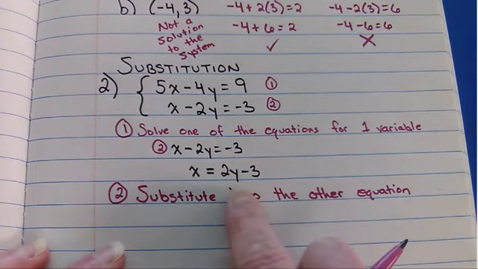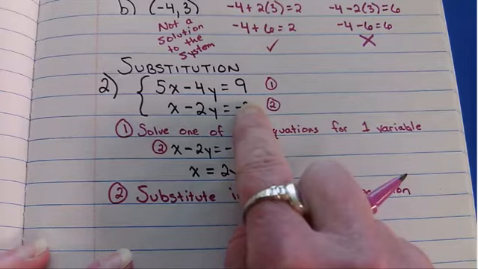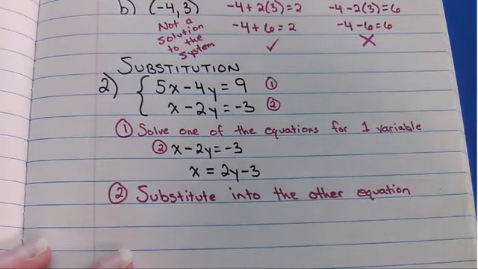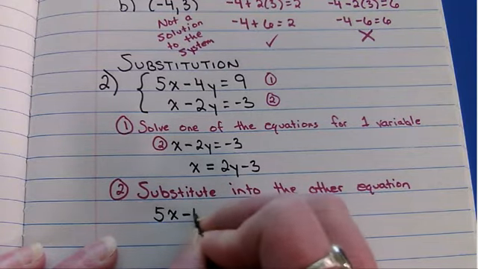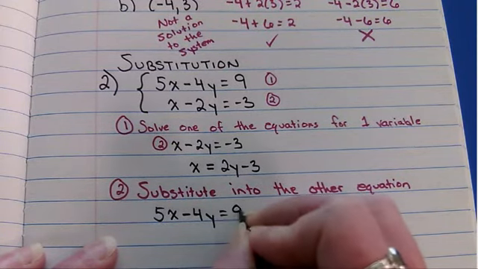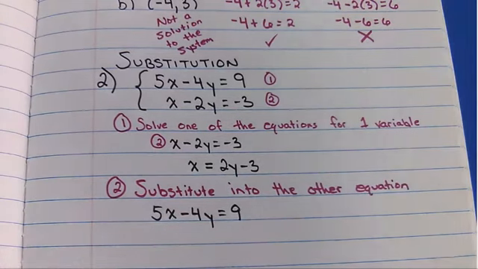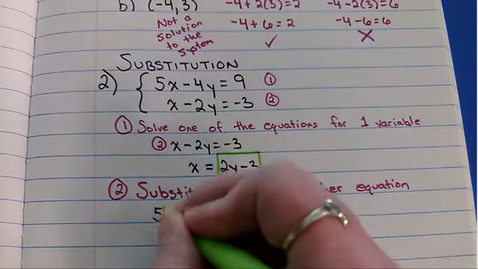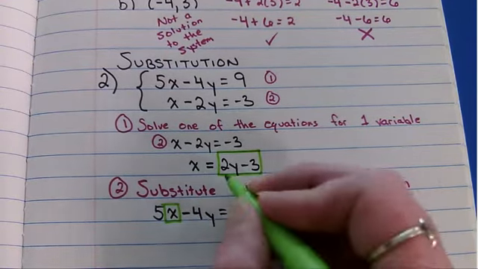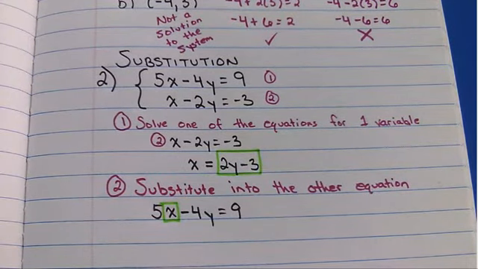I'm going to take what I've rearranged equation 2 and use that in equation 1, meaning that in the equation 5x minus 4y equals 9, this expression is going to replace x because it's what x equals.